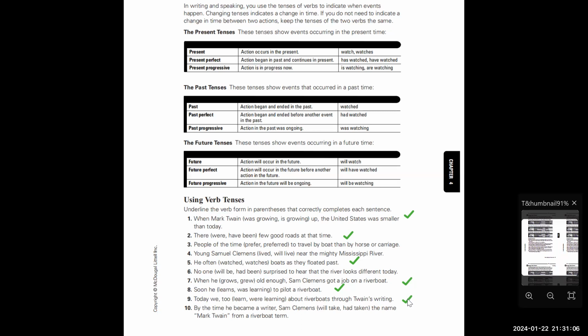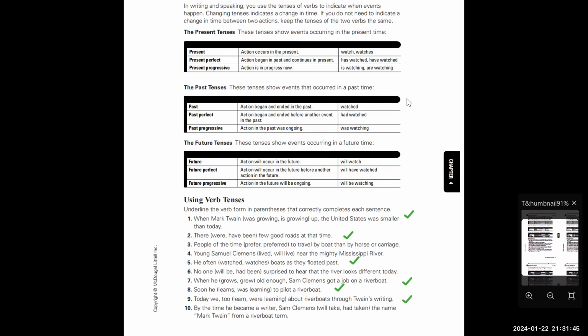By the time he became a writer, Sam Clemens had taken the name Mark Twain from a riverboat term. Just in time, the last item, because it's time already. I just gave an example a while ago with that sentence. I mean the expression. What was that? By the time.